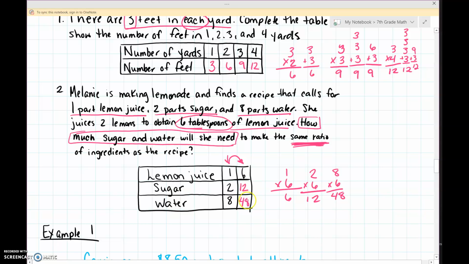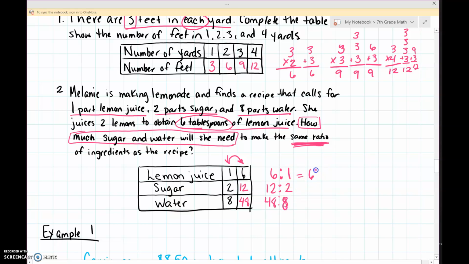Now, do we know that these are in the same ratio? If I write them out, I'm going to put how much we need to the parts, because when we want unit rates, we always want that 1 as the second number. So I have 6 tablespoons to 1 part, 12 tablespoons to 2 parts, and 48 tablespoons to 8 parts.